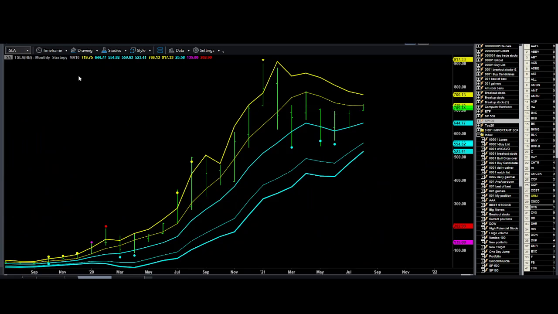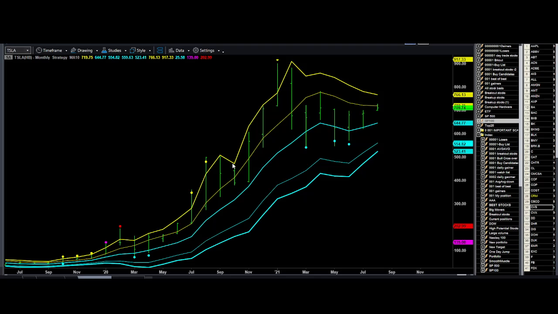We will go to Tesla data, and right now this is the Tesla monthly chart. If we go to 2021 February 22nd, it's around this March label.